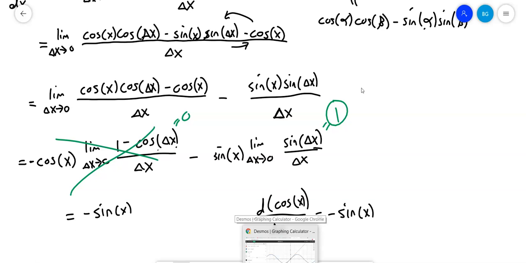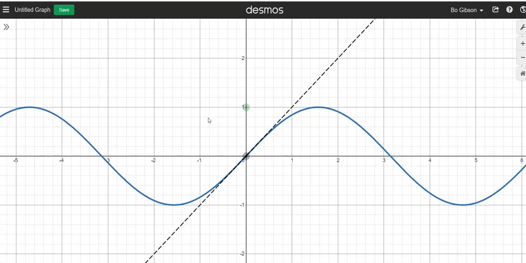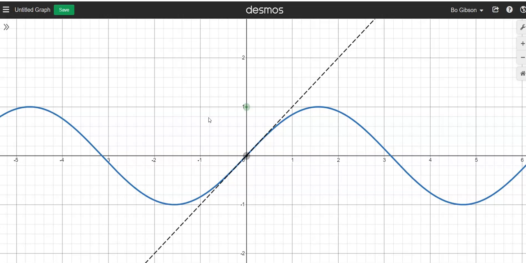We've got a little bit of time, so let's go over to Desmos and let's see this graphically. So I've got sine x shown here. This dotted line is the tangent line, and this green dot is going to trace out the value of the derivative at the corresponding point. So as I drag this black dot that shows the tangent lines, notice what the derivative traces out.